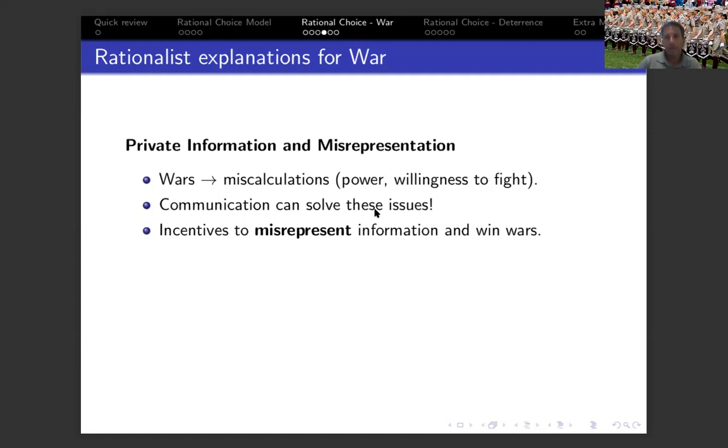Now, there are different ways that we can get to these miscalculations of power relations. One can be emotional commitment, which is a little bit more murky when it comes to rational explanations for war. The other one is wrong assessments by analysts, who miscalculate the capabilities of themselves and provide this information to the leader.